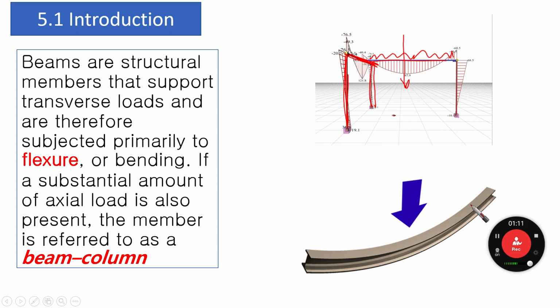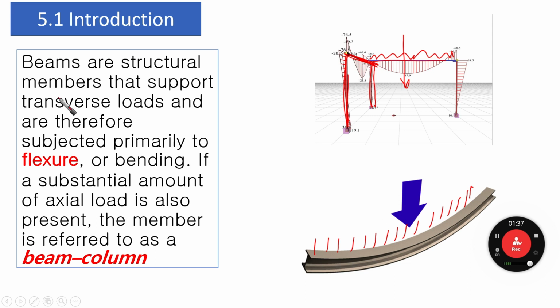Whenever we find how this beam is going to bend or deform, we find that it is going to deform in this way, because all the loads are coming vertically on the cross section, so it is going to be under flexural bending.